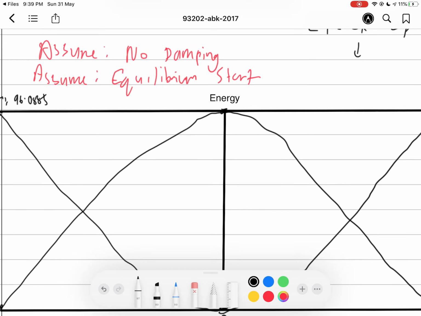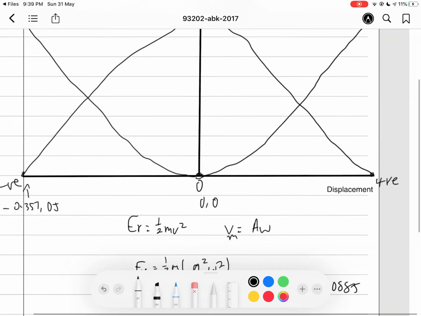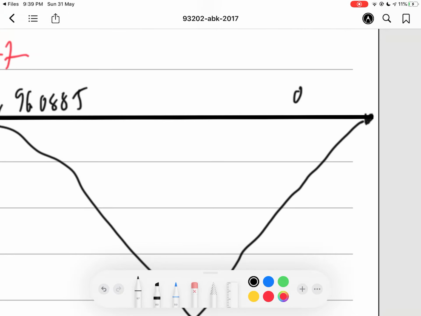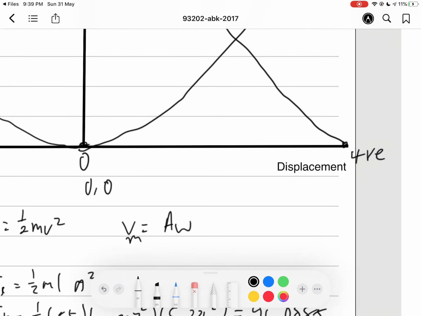Similarly here, our displacement is 0 and the energy is 96.088 joules. And here would be 0, 0. At this top point, we have our maximum positive displacement, which is 0.375, and our maximum energy, which is 96.088.